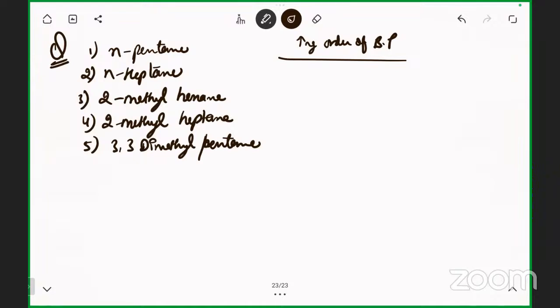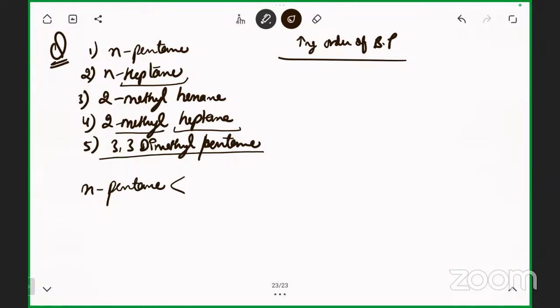So then it could be n-pentane first, the least, just because it has the fewer number of carbon atoms. Then we have heptane in the second one, and in the fourth one we also have heptane, but we have methyl here, so the number of carbon atoms increased. And in 3,3-dimethyl pentane, pent is 5 carbon, plus 2 methyl, 7 carbon.